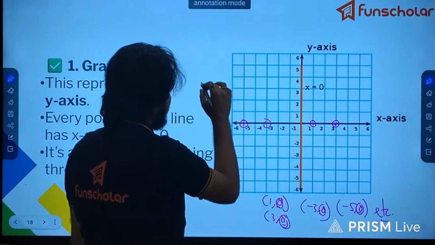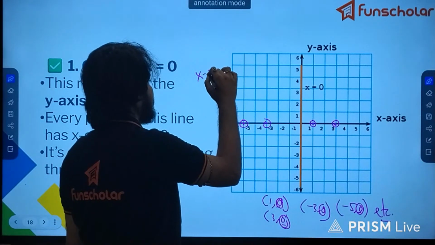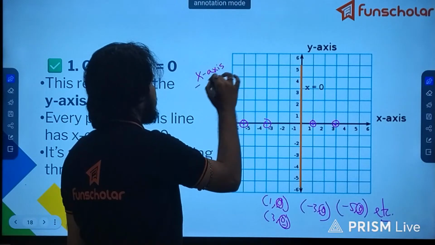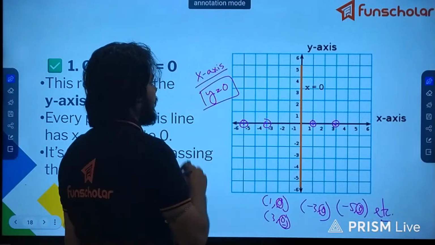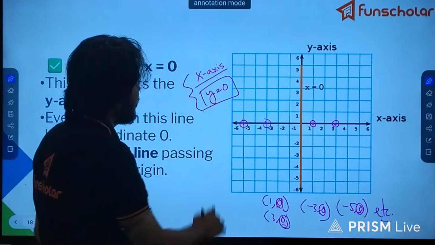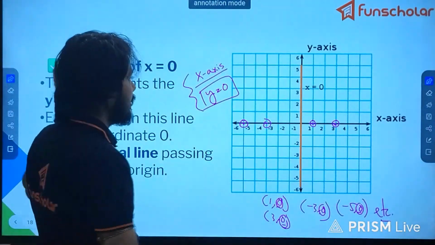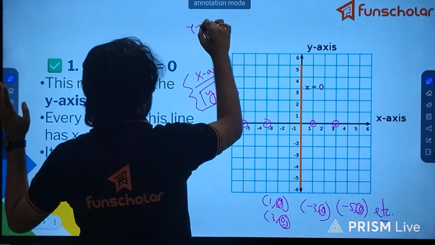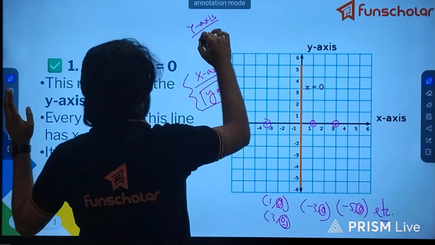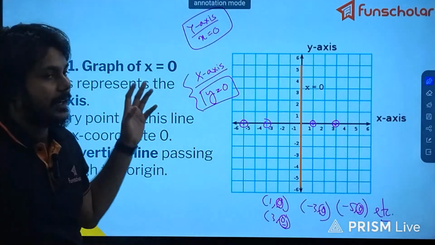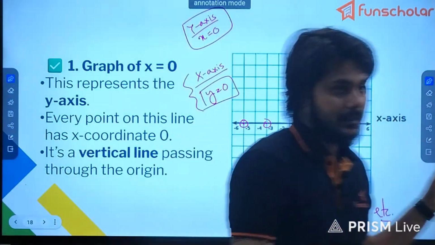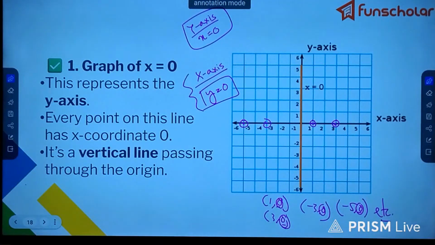Hence, we can write the formula, or the representation, of the x-axis as y equal to 0. The x-axis representation is y equal to 0, and the representation of the y-axis is x equal to 0. Okay, I think this is understandable.